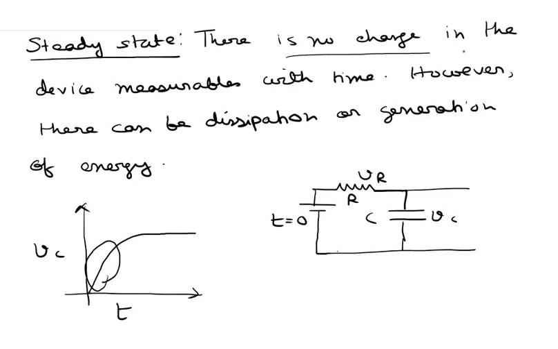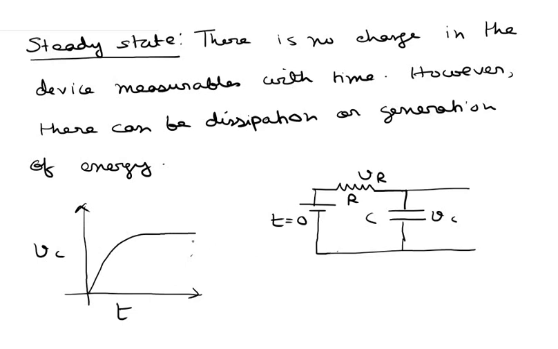So measurable basically means a quantity which can be measured. So for example, voltage, current, carrier concentration, these are all measurables, something which can be measured. Okay, so in this regime, since the voltage across the capacitor is changing with time, this regime is not the steady state regime, because the device measurable is basically changing.